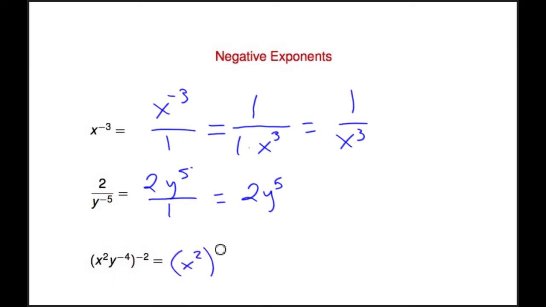x squared to the negative 2 times y to the negative 4th to the negative 2. And then we've already talked about how you deal with a situation where you have a base that's raised to an exponent raised to another exponent. That means you just multiply the two exponents. So this is going to be x to the 2 times negative 2.